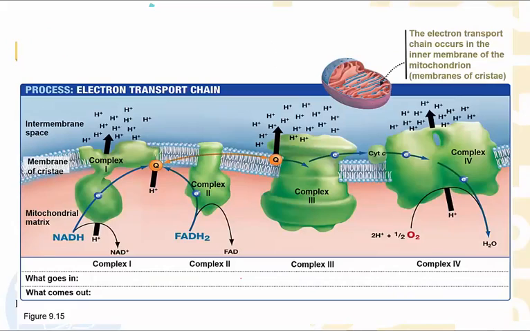If you look at an image of the 4 complexes, it is important to note that NADH donates its electrons to complex 1, whereas FADH2 donates its electrons to complex 2. Both of these complexes pass on their electrons to ubiquinone, which then passes the electrons on to complex 3.